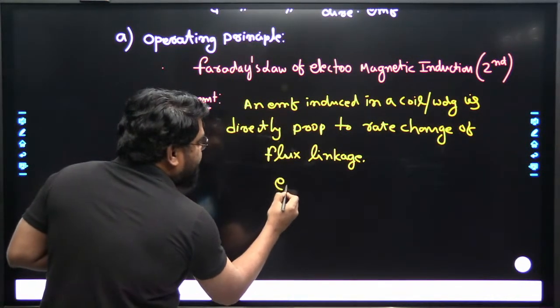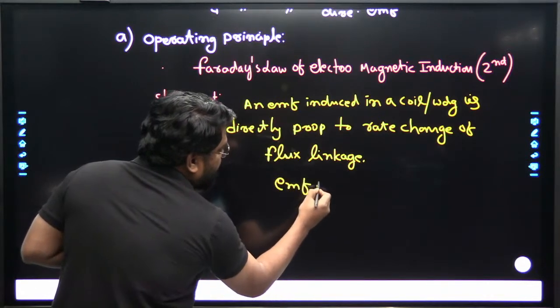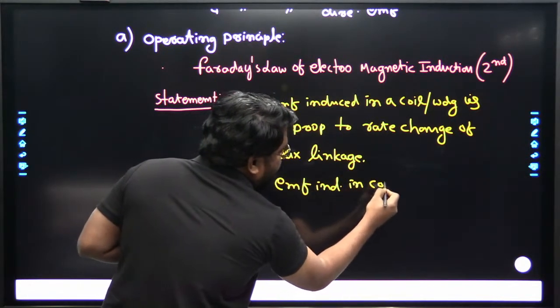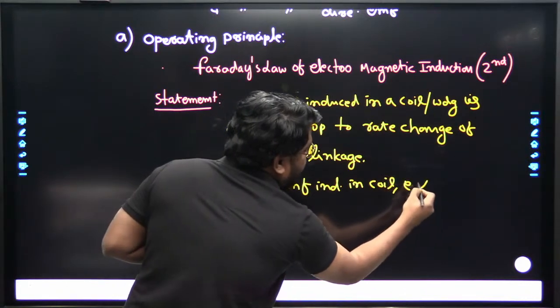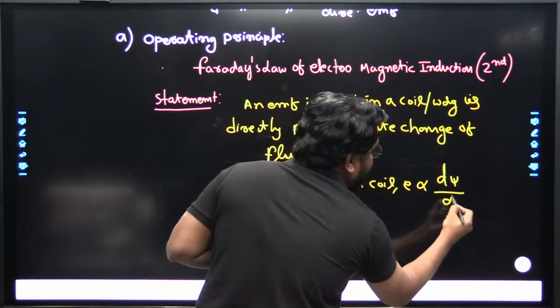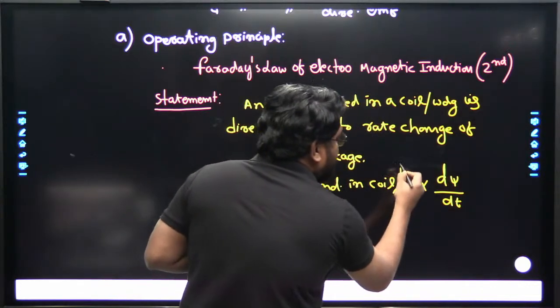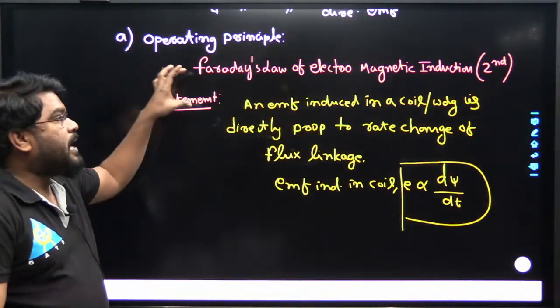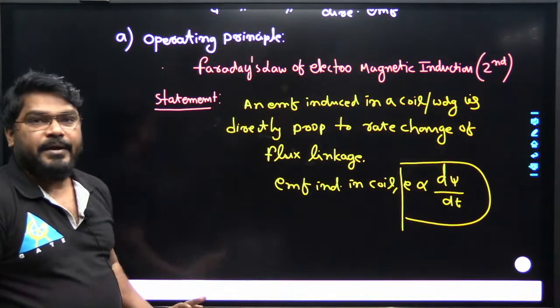So the EMF induced in a coil or winding is directly proportional to the rate of change of the flux linkages. This is the statement of Faraday's laws of electromagnetic induction.